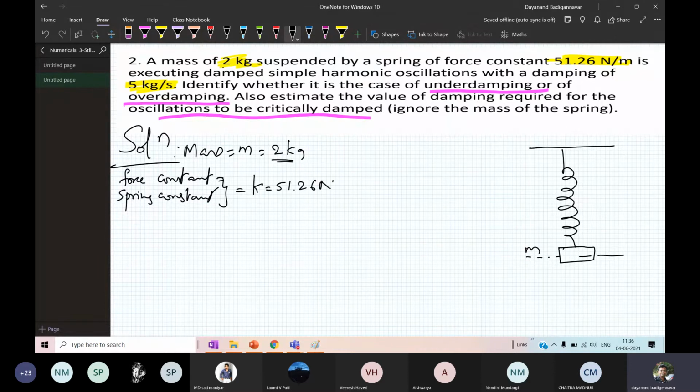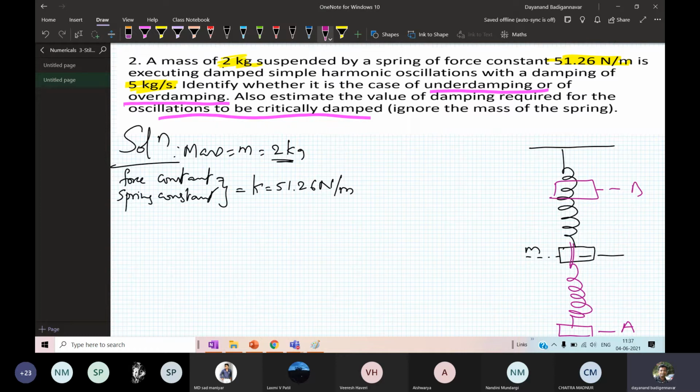Next, identify whether it is underdamping or overdamping. Why? Because it is oscillating between the two points A and B, and after some time it will die off. How is it dying?